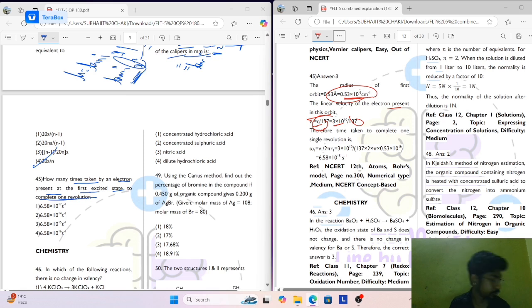Omega equals v by 2 pi r. So just put the values here, 3 into 10 to the power 10 divided by 137, 2 pi r1. Now calculate all of this, and you will get around 6.58 into 10 to the power 15. Therefore option number 3 will be our correct answer here.